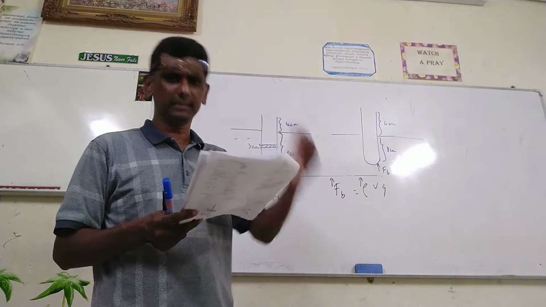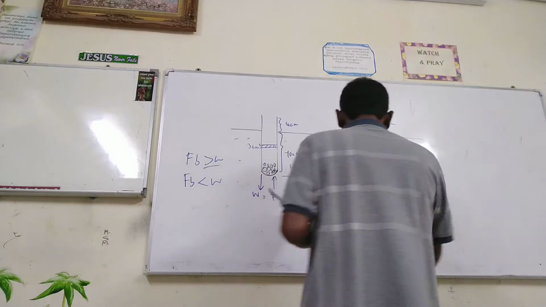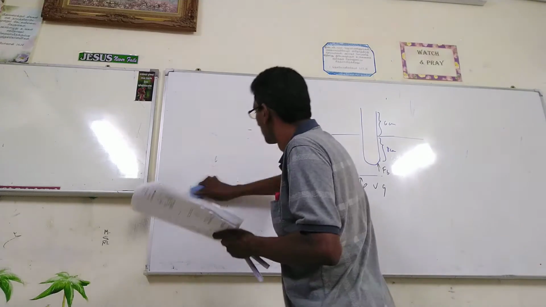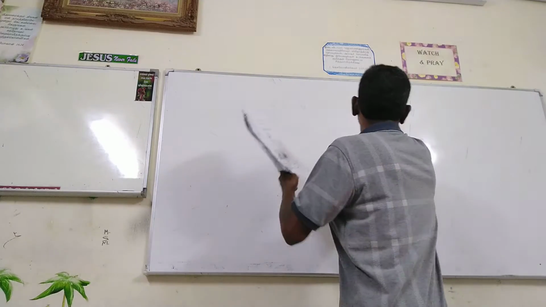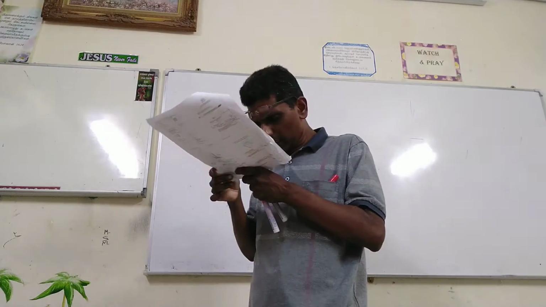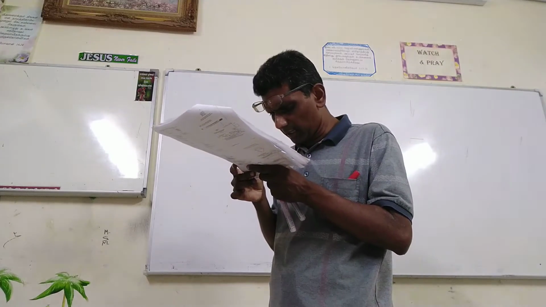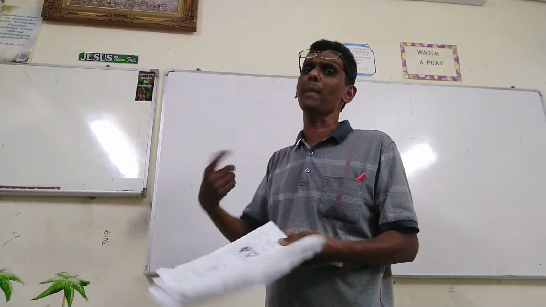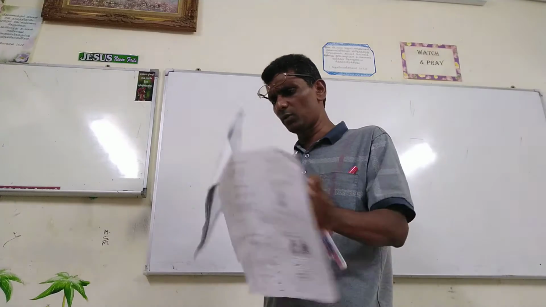Okay, that's what is called pressure. Next question. Based on diagrams 5.1 and 5.2, compare the weight of the wheelchair. The weight of the wheelchair must be the same because the mass is the same. The weight is mg, right? Okay, next question.